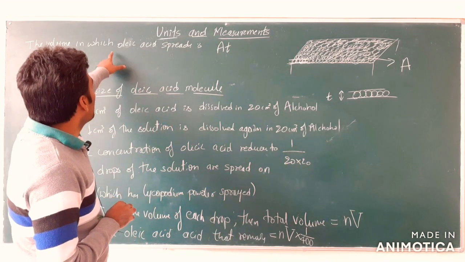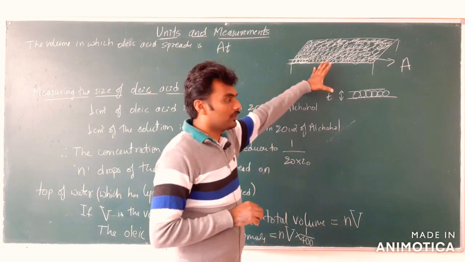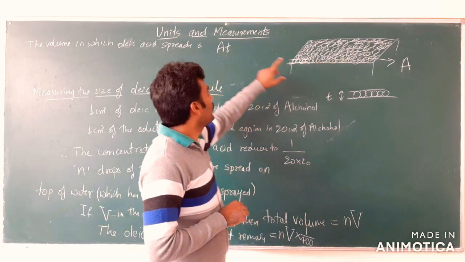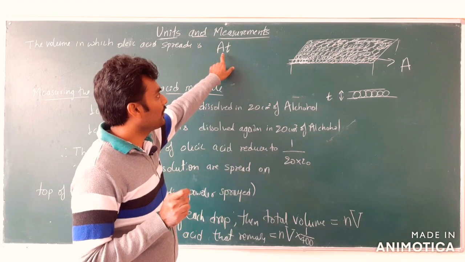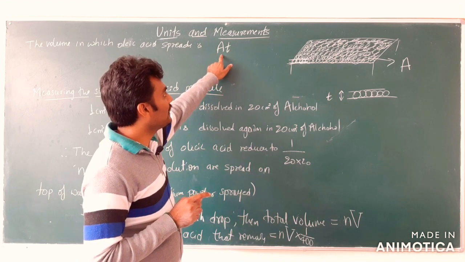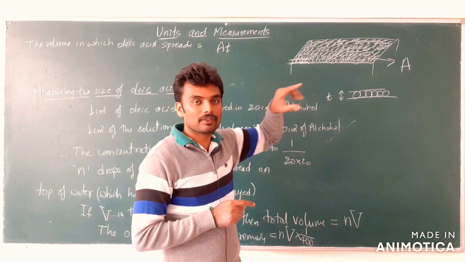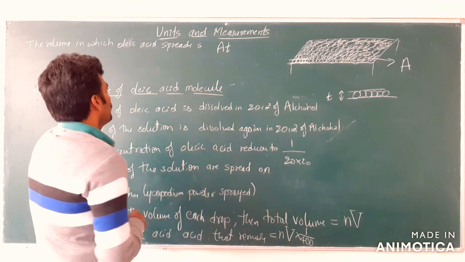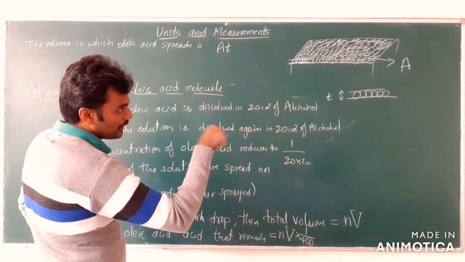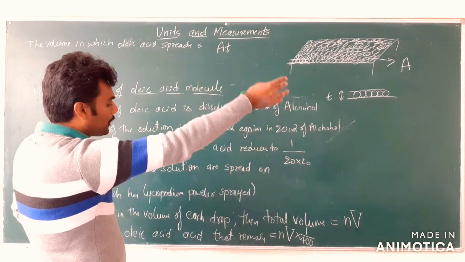And that oleic acid spreads like this, giving us the volume given by the dimensions, area into thickness. Area into thickness will give me the volume after spreading.